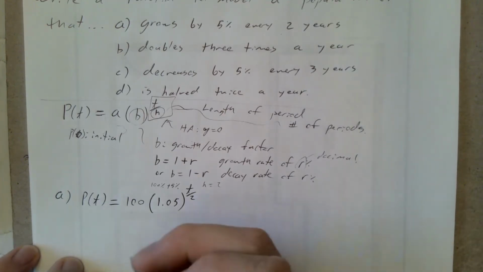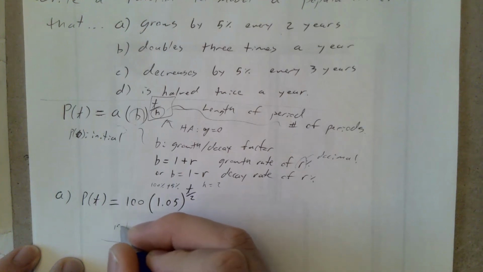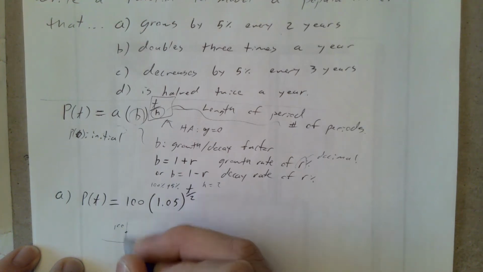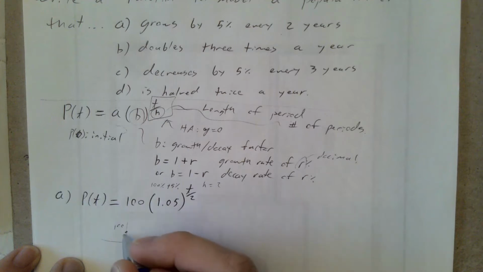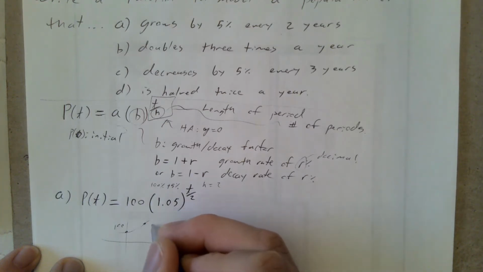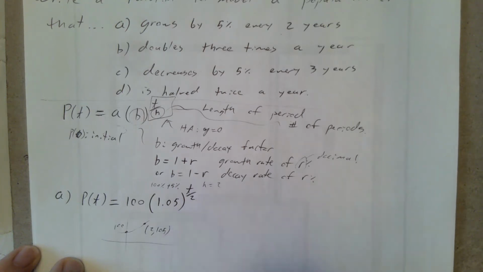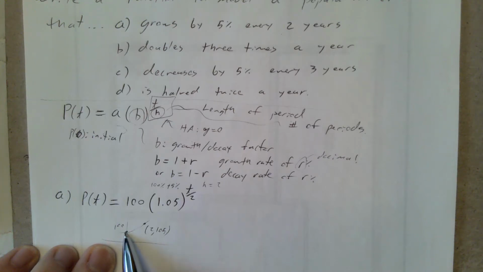Okay. As a curve, if you want to visualize it this way, we begin, or we cross the y-axis, the dependent axis, at 100, and then we go up by 5%. We should be going through 105 after 2 years, (2, 105). So notice the vertical stretch to get us to an initial position of 100, a growth factor.